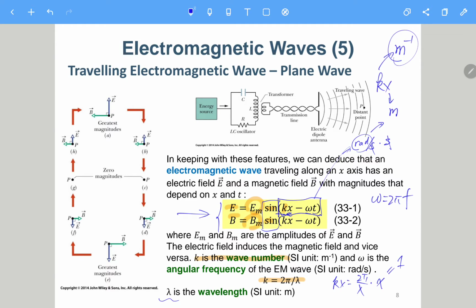So we have E equals E_M times sine of kx minus omega t. Here, E_M and B_M are dependent on each other. They cannot be free variables, which means they should have a fixed ratio.